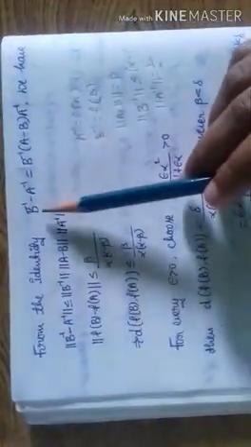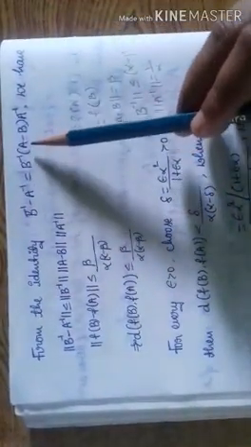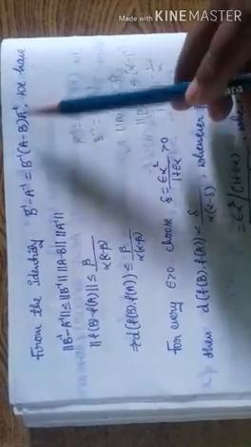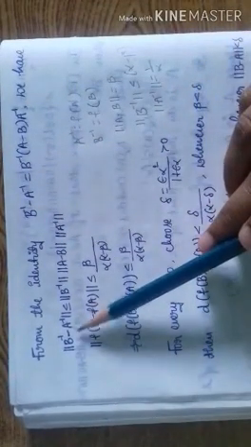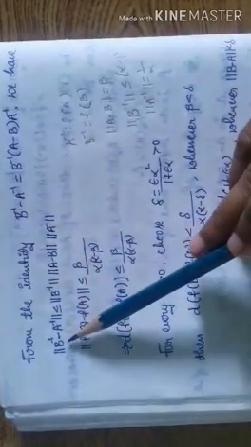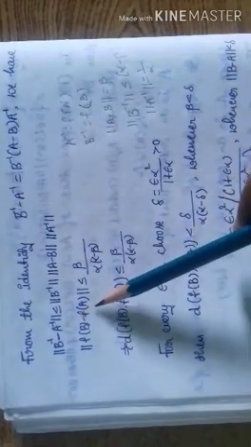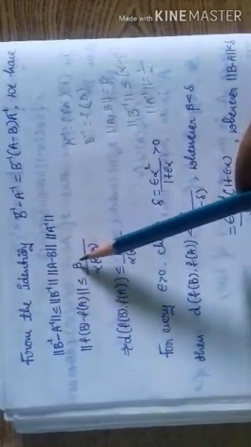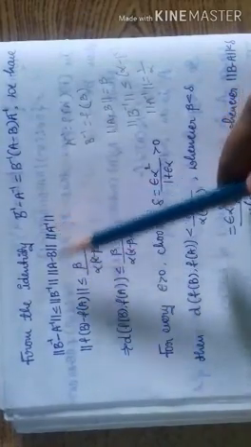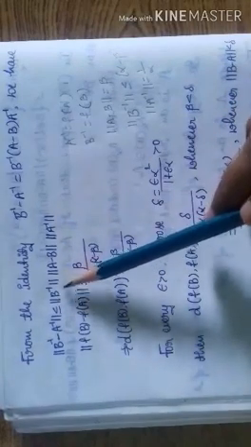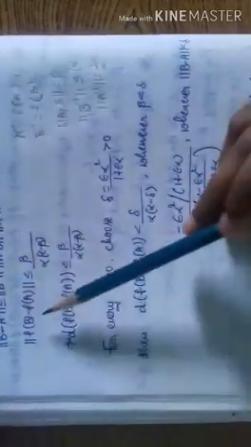From the identity, B inverse minus A inverse is equal to B inverse of A minus B into A inverse. Apply the norm. This value is f of B, this value is f of A, this value is beta, this value is 1 by alpha, and this value is 1 by alpha minus beta.